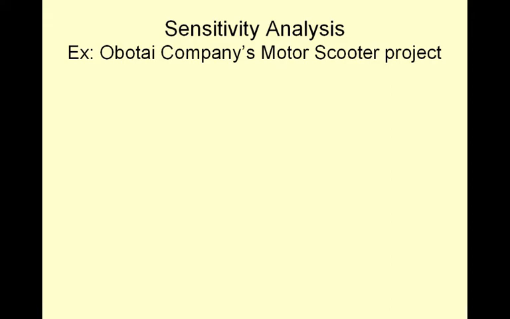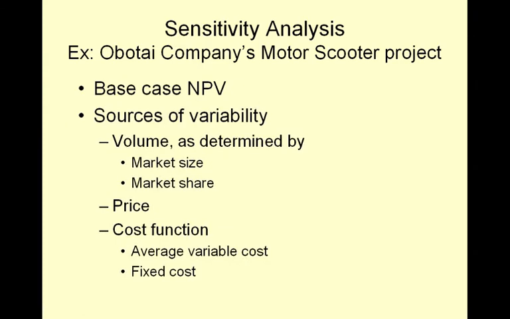Let's take the example of Obate Company's motor scooter project in Chapter 10 of the text. First, we'll identify and solve for the base or most likely case net present value. Then we'll identify sources of variability in cash inflows and cash outflows that might affect NPV.